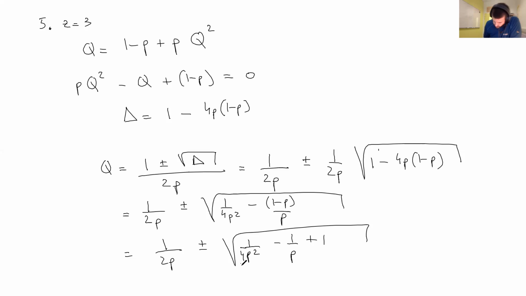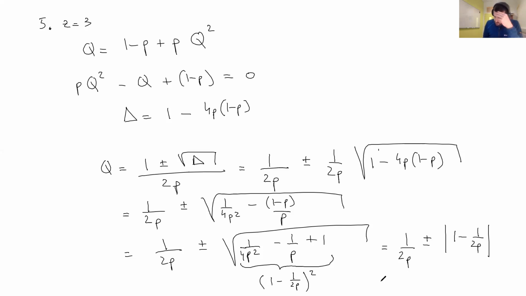And so here, we recognize (1 minus 1/2p) squared. Okay? So it seems that the result, in simpler form, is the absolute value of 1 minus 1/2p. Okay.